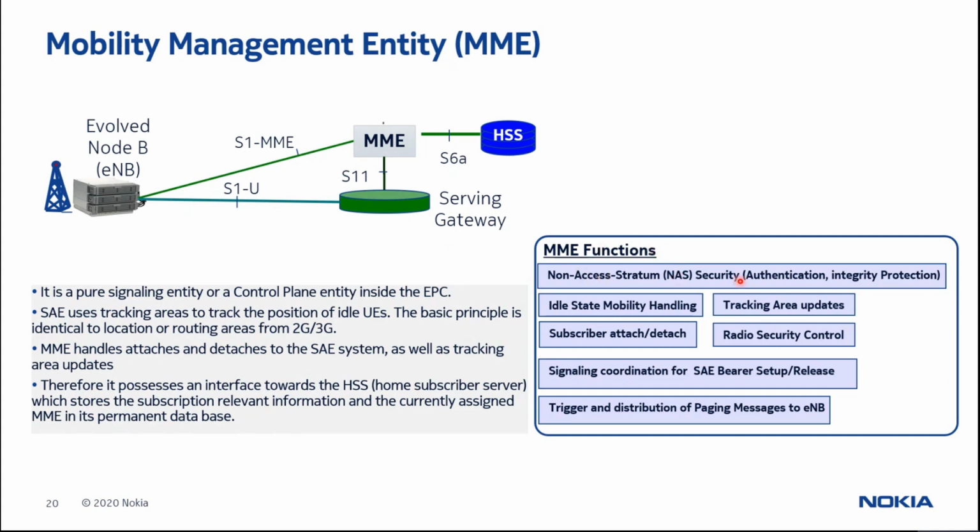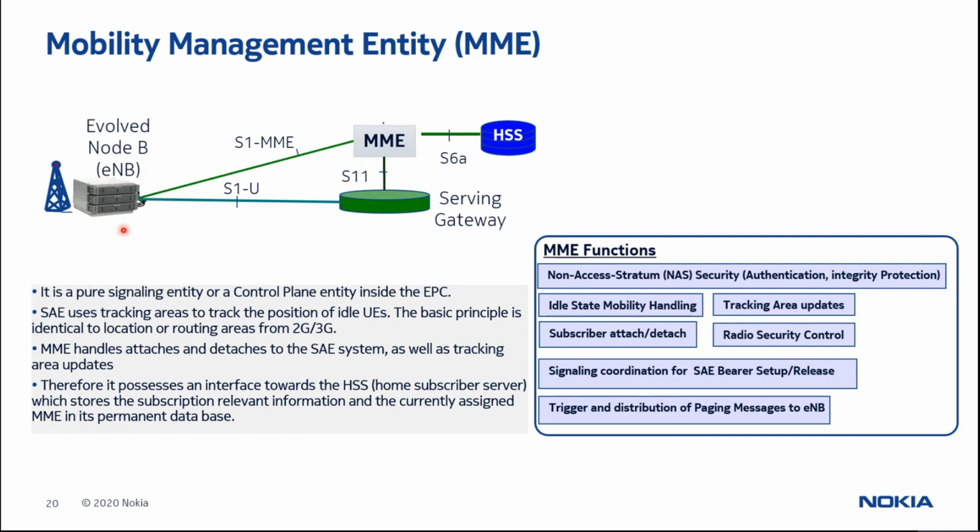Okay, so what are the typical MME functions? The non-access stratum related security. Non-access stratum is that kind of communication platform that gets established between MME and the UE, or the mobile phone, directly. When I say directly, it doesn't mean that the mobile phone has a direct interface towards MME.